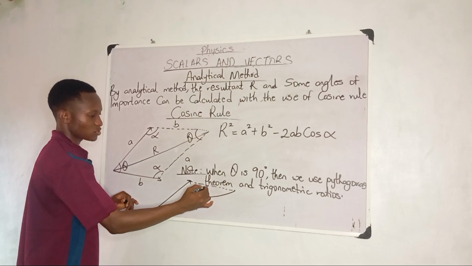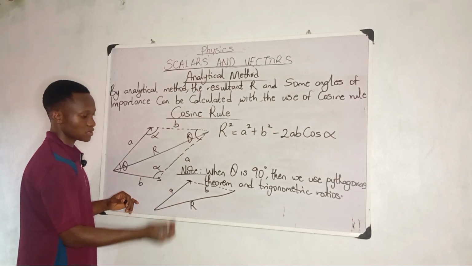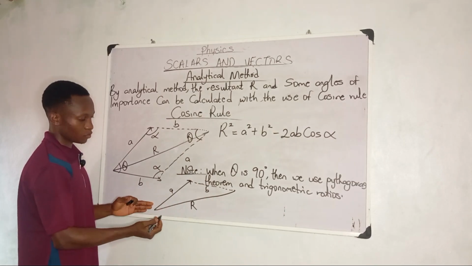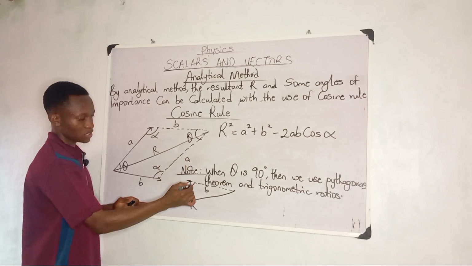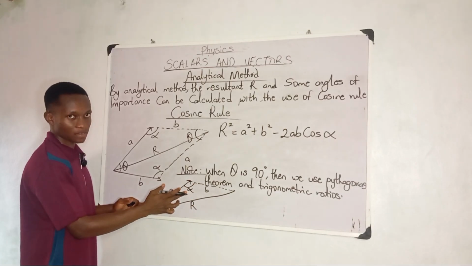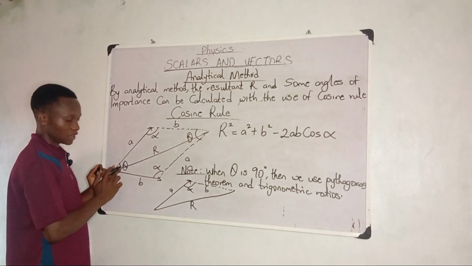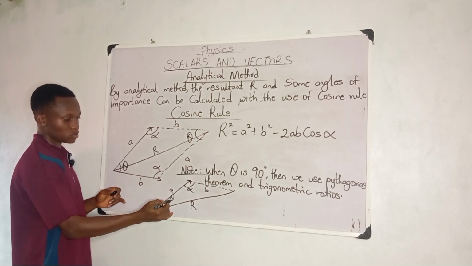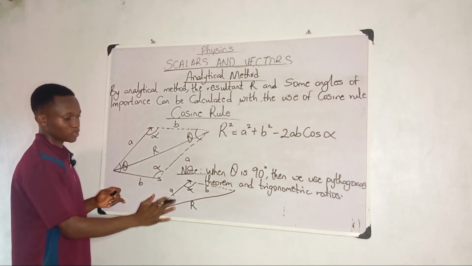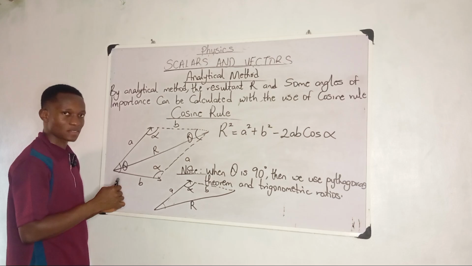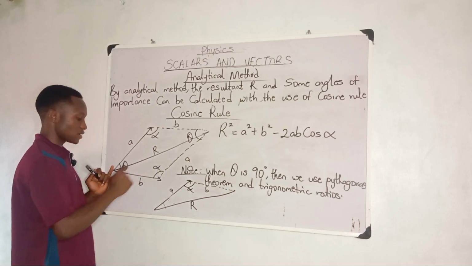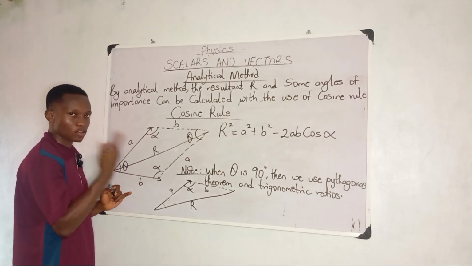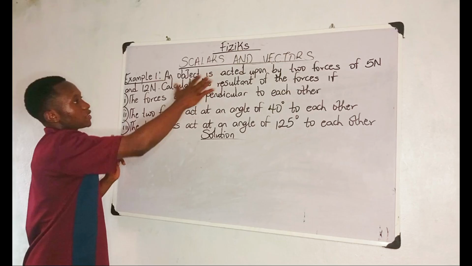Assuming here is still B, here is still A, you're going to notice that only the alpha would remain. But because of what I did here, I cannot call this half theta or theta over 2. You don't actually know whether this line divided the theta into two equal parts or not.